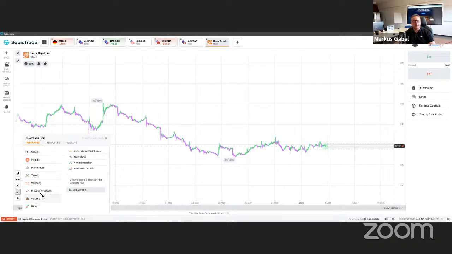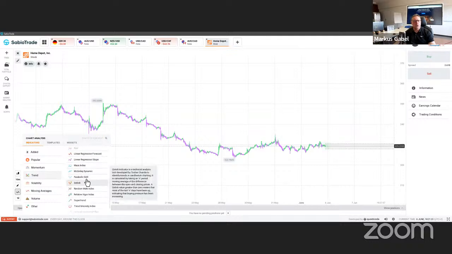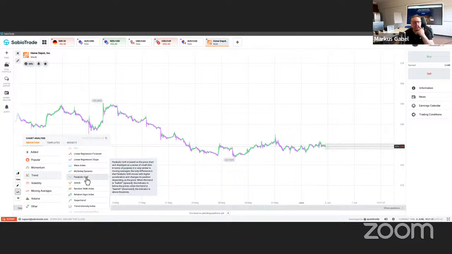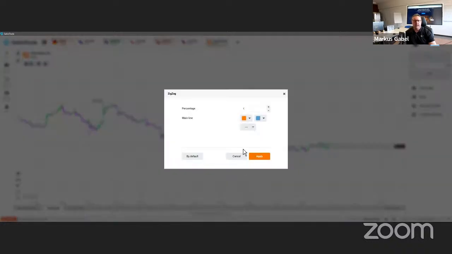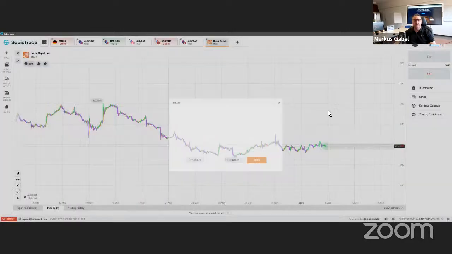And you will find different moving averages here and trend. So, let's see which one we should use. Let's take parabolic. No, let's make it easy. Let's take the zigzag indicator. Yeah, let's zigzag indicator and type in whatever you want there, 5%, whatever, and click on apply.